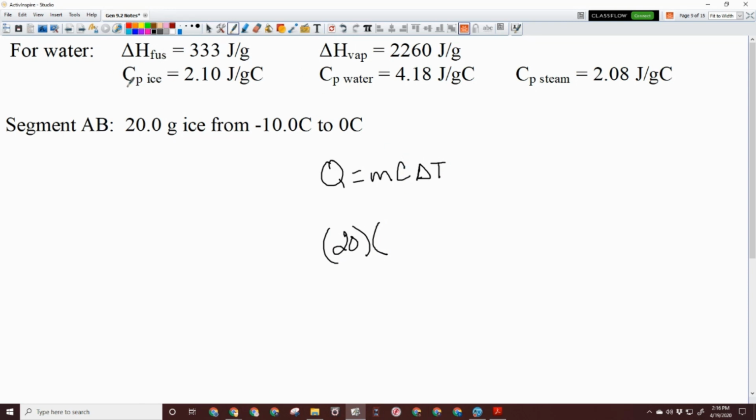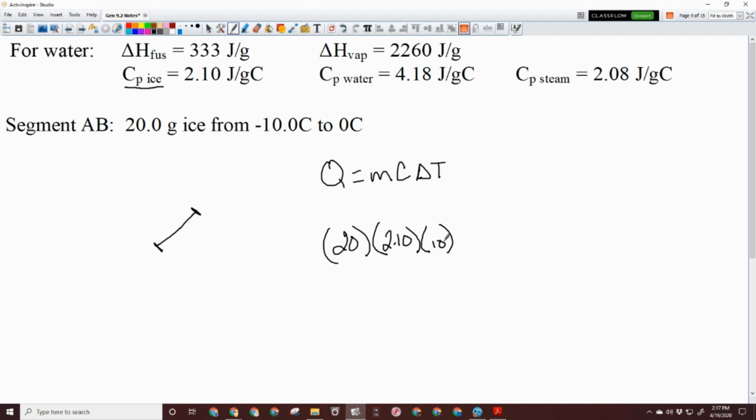Right here, C sub P of ice is 2.10 joules per gram degree Celsius. Our temperature is in Celsius and our mass is in grams, so we don't have to do any conversions there. Thank goodness. So 2.10, and the change in temperature is from -10 to 0, that first segment, A to B. So that's a 10-degree change.